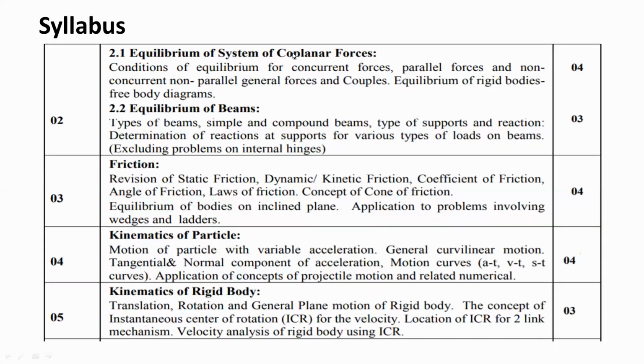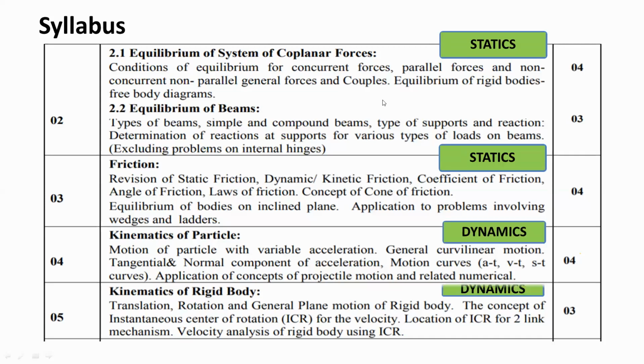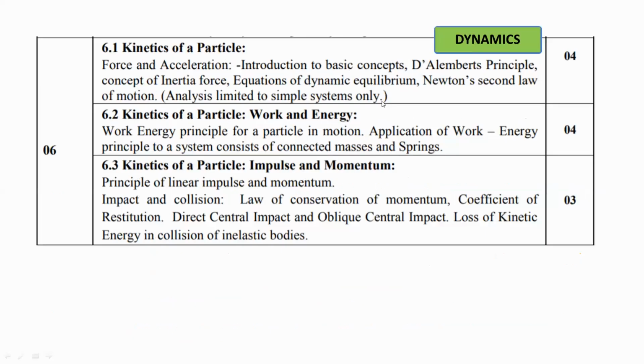So module 1, then module 2, module 3, these are from the static. From module 4 onwards, it is the part of dynamic. So module 4, module 5 and module 6, it is the dynamic part.